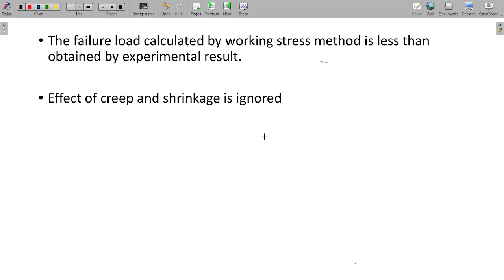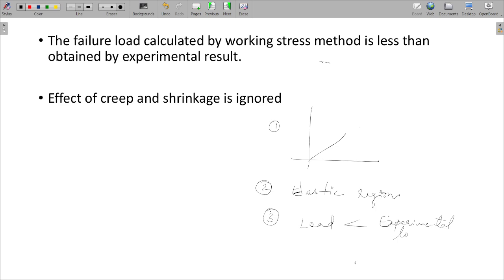So in brief, in the working stress method the stress strain relationship is linear. Second, we are considering the load carrying capacity only in the elastic region. Because of this, the load carrying capacity will be less than the experimental load, and because of this we are designing uneconomical sections.